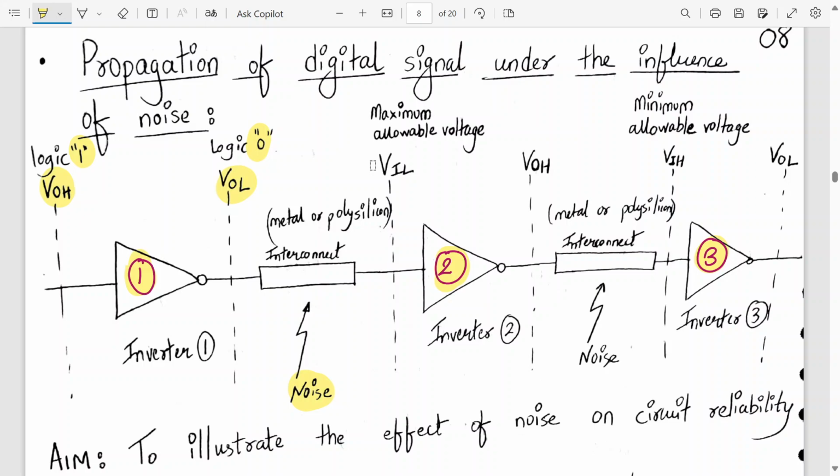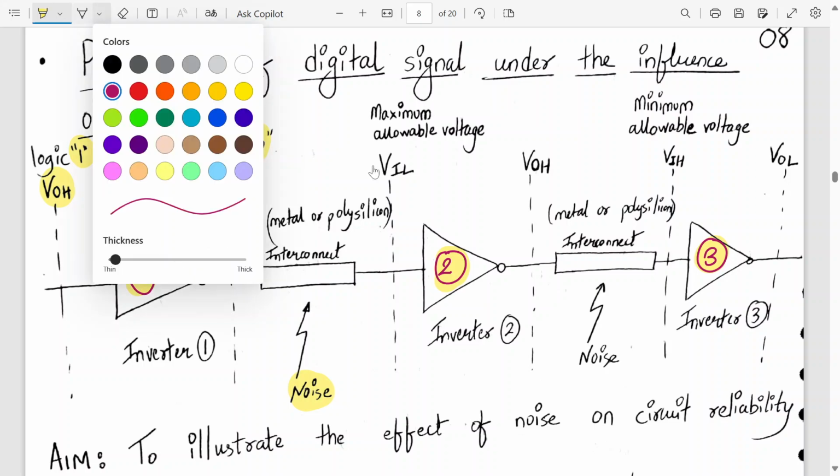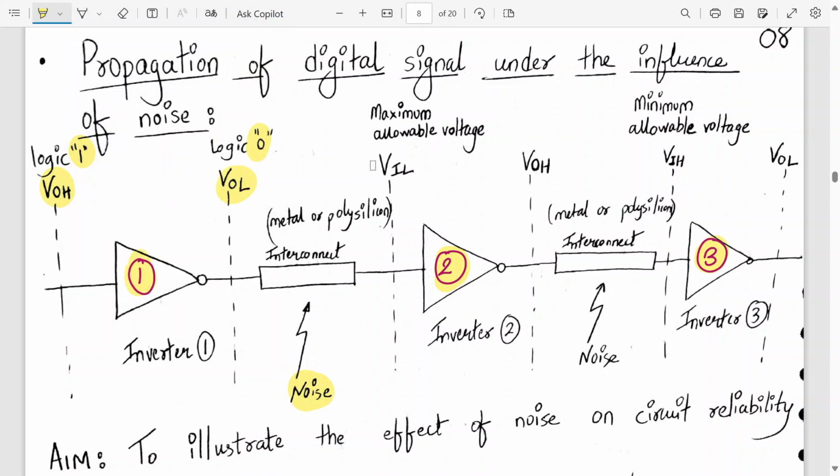So what will happen now? The voltage level over here, let me show it to you. The voltage level over here is called input voltage low, right, VIL, the maximum allowable voltage. Why do we call it the maximum allowable voltage, tell me? Why is it not minimum?